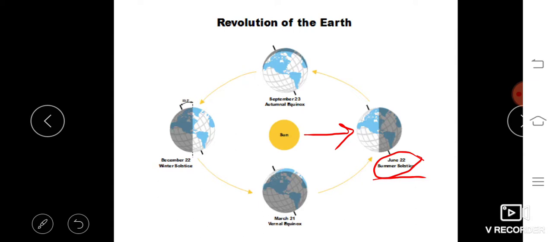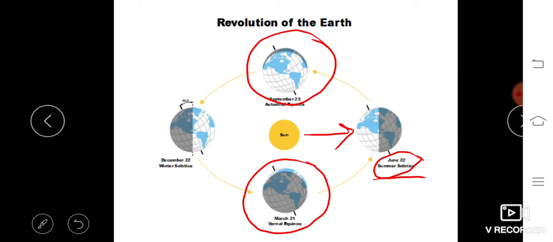Now the other position of the earth is on 23rd September and 21st March. On both days the sun rays fall directly on the equator. That's why the equator receives an equal amount of sunlight.